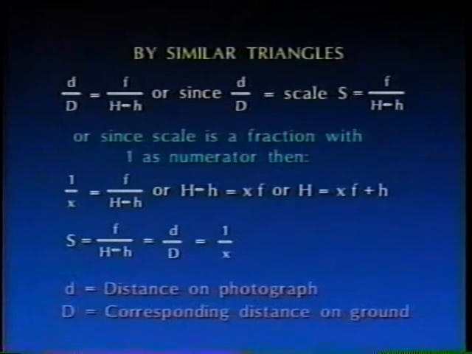Again, remember that S can be in these three forms: F over H minus small h, small d over D, and 1 over X. Now we'll take a few seconds to absorb these relationships.